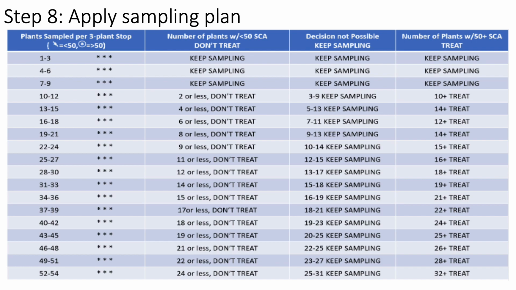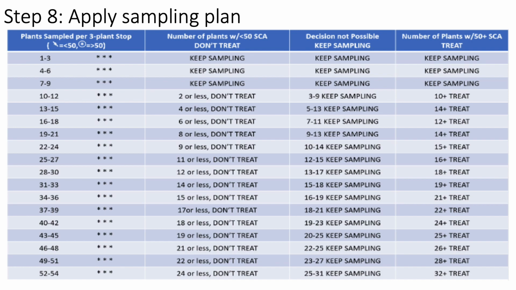And so what we do here is you've got 3 stars, so those are your 3 plants in a row that you're going to sample at every stop. If you take 2 leaves and look at them simultaneously and say, is this above or below 50? If it's below 50, you're going to strike one of the stars next to that stop. If it's above 50, you're going to circle it.